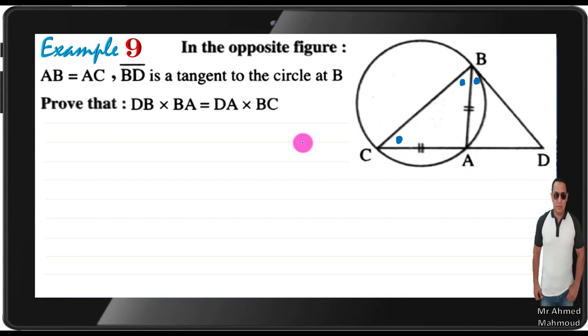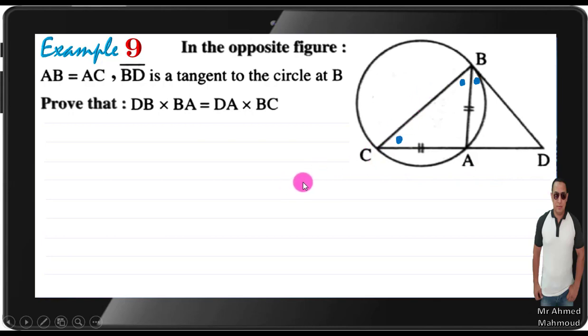Okay, now we need to prove that DB times BA equals DA times BC.